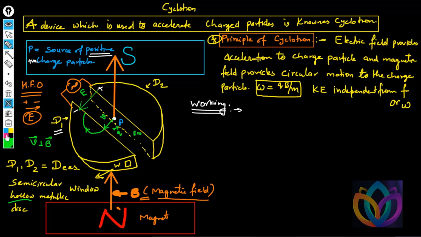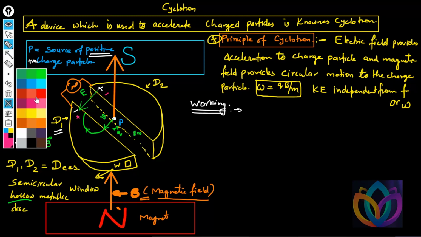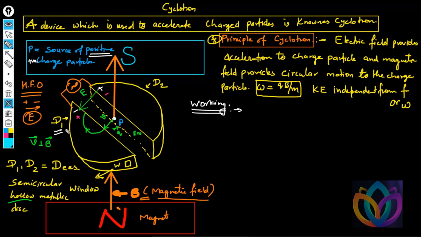It means D2 will become negatively charged and D1 will become positively charged. Where will the charge particle go, from D1 to D2 or D2 to D1? D1 to D2. So the charge particle will now be accelerated from D1 to D2.